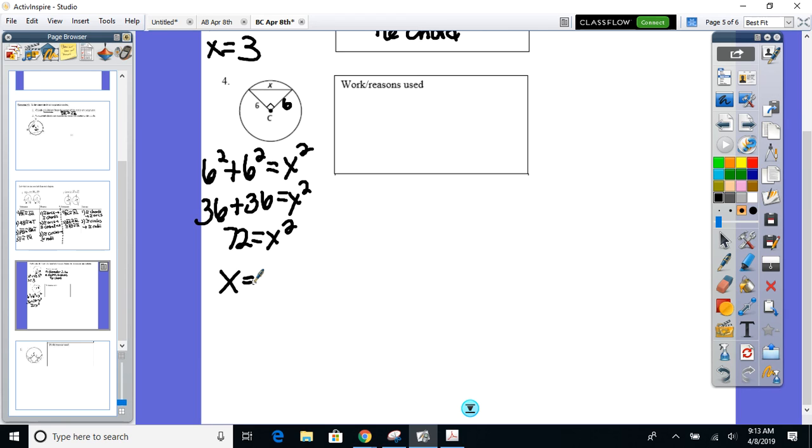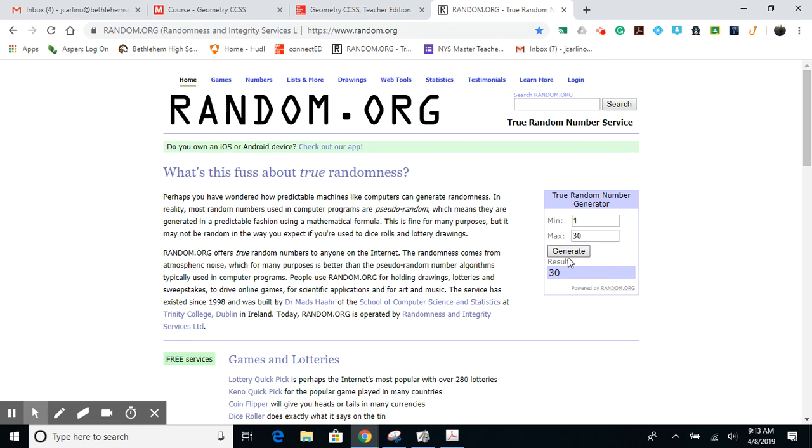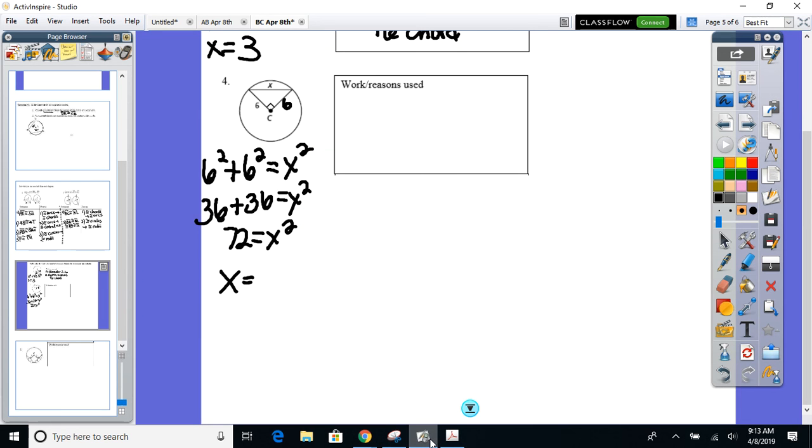It is also 45, 45, 90, so you can apply your rules there, absolutely. And in simplest radical form, that hypotenuse, that chord, 6 radical 2.